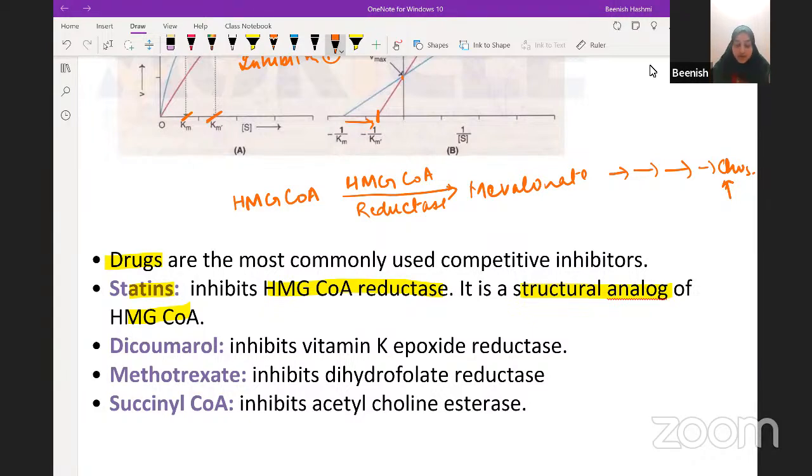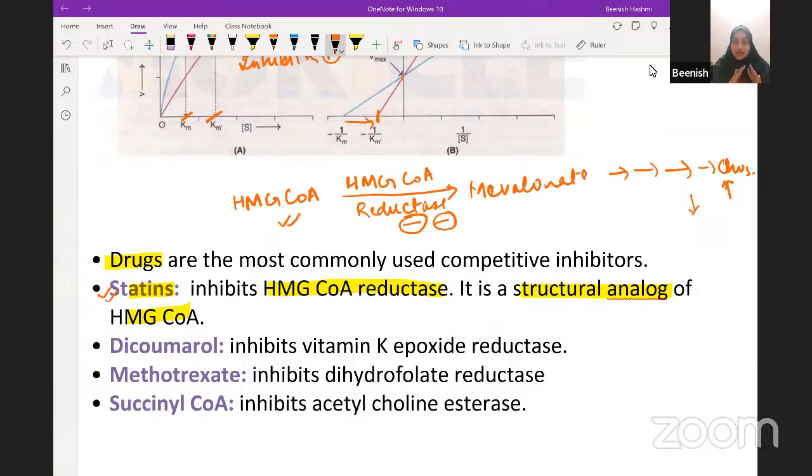So what happens? Drugs are given, that is statins are given in that case. And what do statins do? They inhibit this enzyme HMG-CoA reductase. So what will happen? Your cholesterol synthesis is decreased. And this was what I had already told you, but now you know the mechanism of action. Why? Because your statins are structural analogs of HMG-CoA.